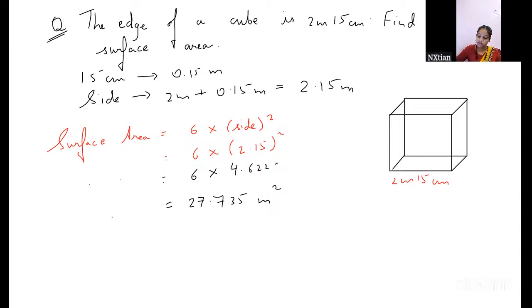This 4.6225 we get when we do 2.15 into 2.15, and then multiply it with 6. So we will get 27.735 meters square. That is the approx surface area of the cube.